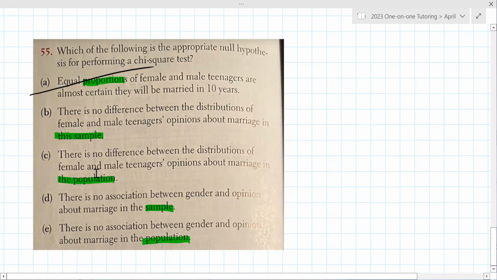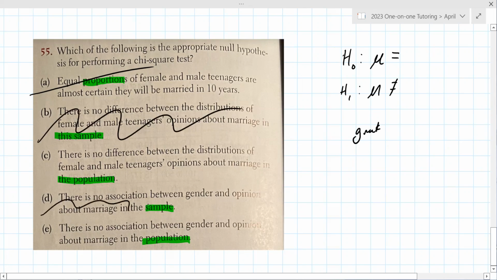So think back to the earliest types of null and alternative testing. Does this symbol represent the sample or the population? The sample. This is the population. Greek letters are always, Greek. So it's never on the sample. It's always about the population. Always.